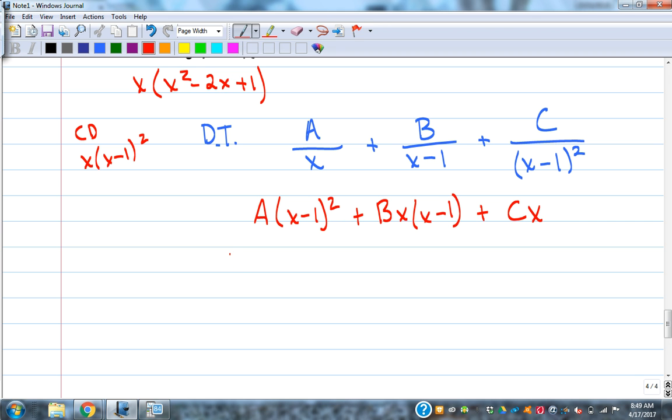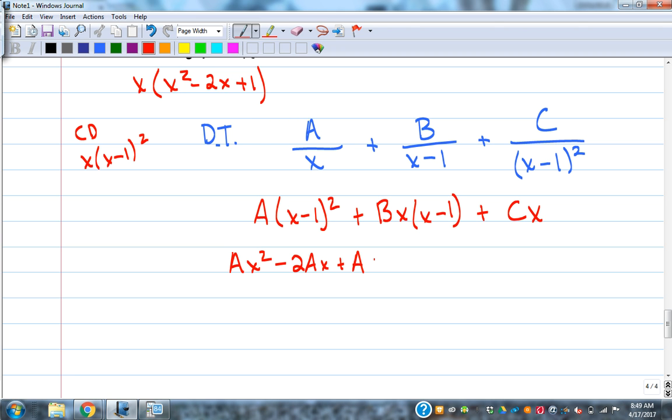So multiplying that out, we get AX squared minus 2AX plus A. Because we know that X minus 1 squared is really this, right? That's AX squared, negative 2AX, positive 1A.